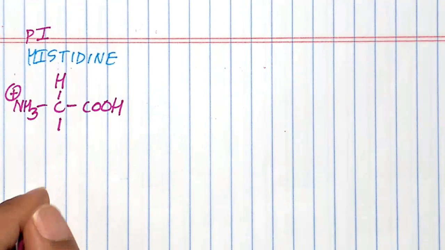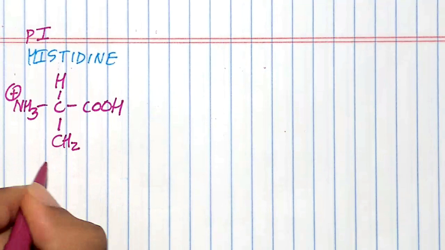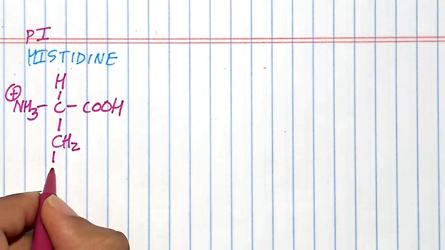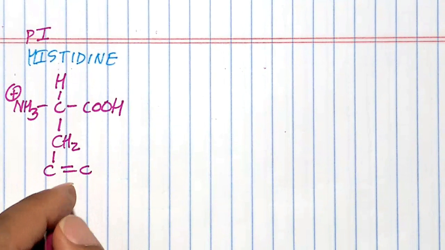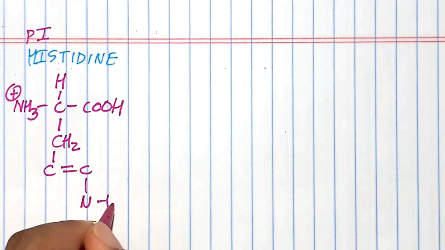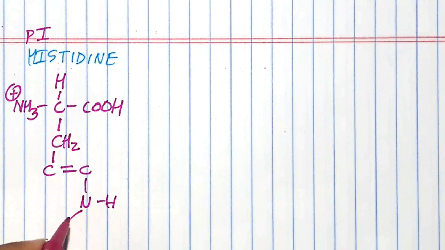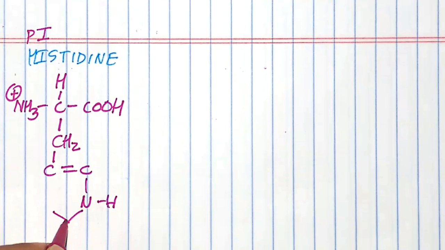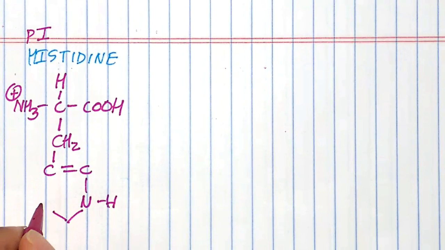A little bit complicated R group here, not my favorite R group, to be perfectly honest with you, in terms of being able to draw it so easily. It is called the imidazole side chain.